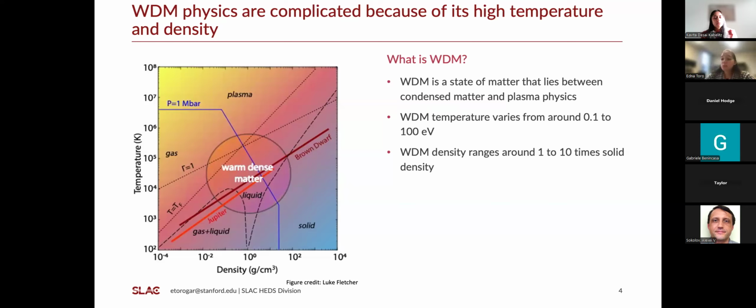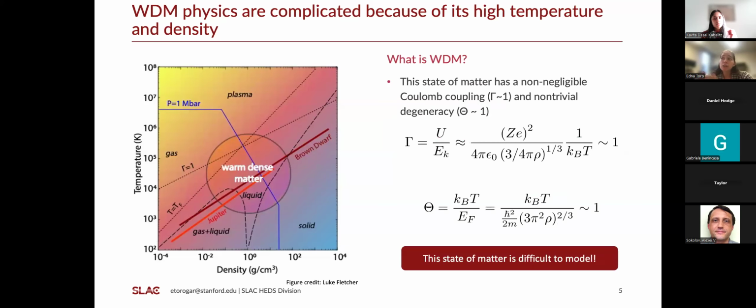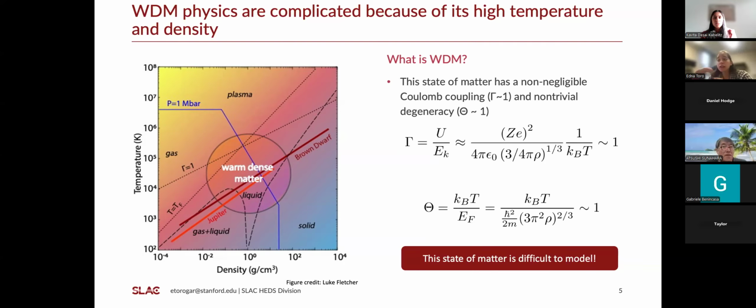This is a rough approximation, because the warm dense matter regime is actually defined not by a range of temperatures and densities, but by two physical characteristics: non-negligible Coulomb coupling and non-trivial degeneracy. By having these two, you end up with a state that is really complicated to model.